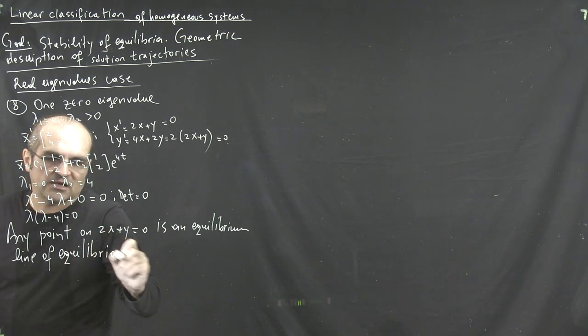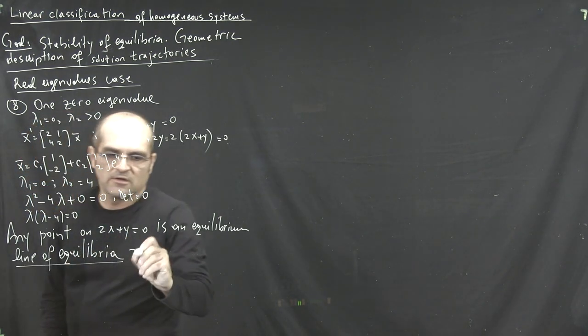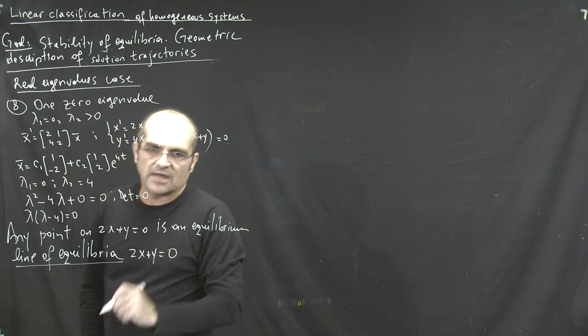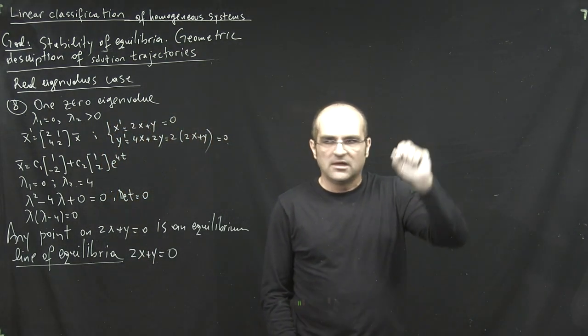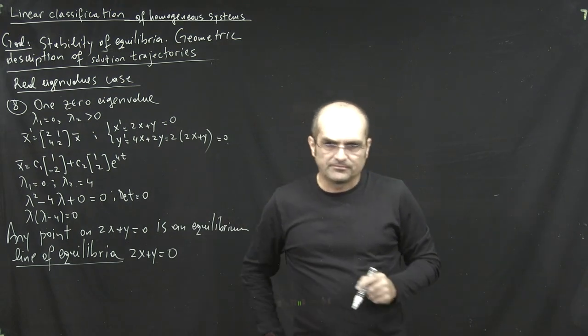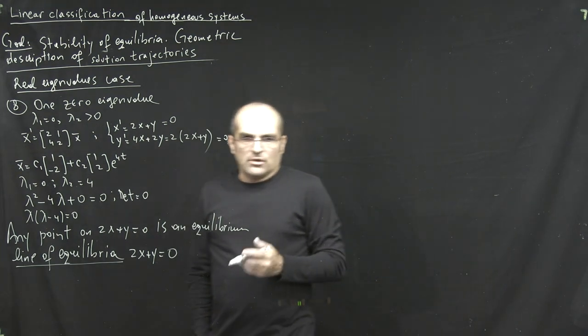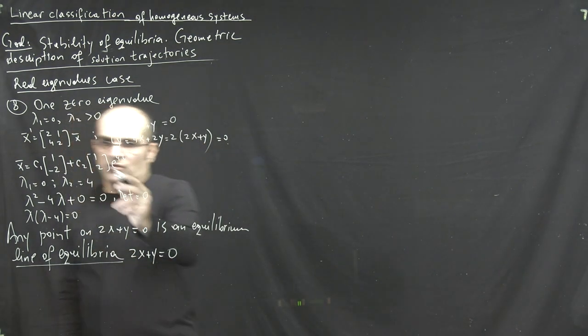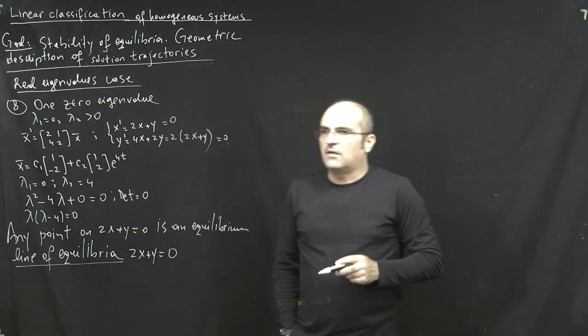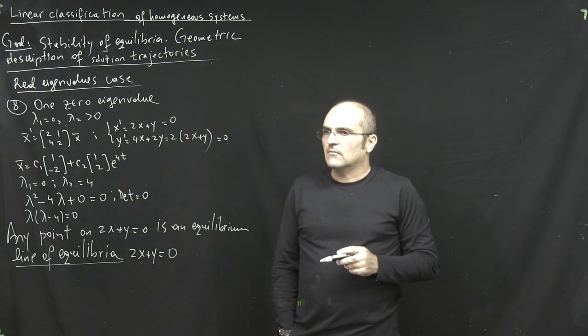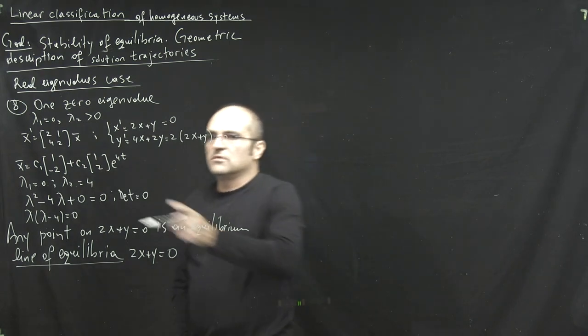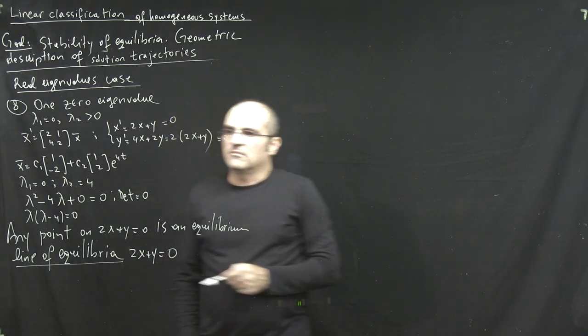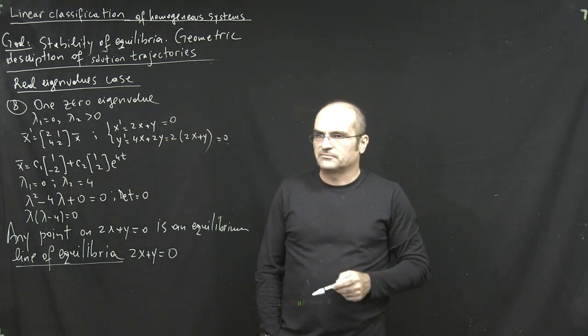If you start on that line, there is no motion. Anywhere you start on that line, there's no motion. You get stuck there because both derivatives are 0. And that line of equilibria is the eigenvector corresponding to the eigenvalue equals 0.